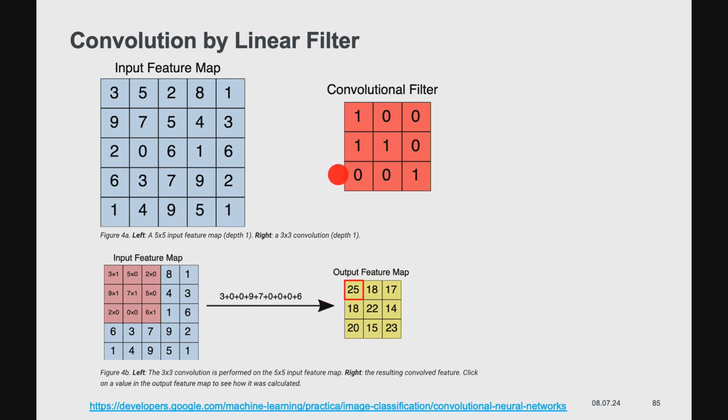Of course, with a filter that size and an input feature map this size, you have in the horizontal 3 possibilities to move it, and in the vertical also 3. So you end up with an output of 3 by 3, where the input was 5 by 5. So applying this convolutional filter to all possible places slightly decreases the size of the input feature map.